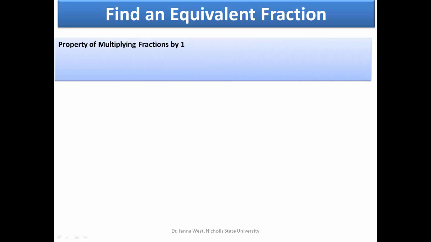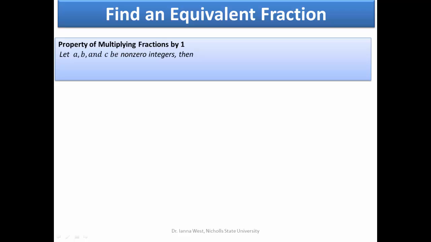We will now find an equivalent fraction given a fraction. We will begin with the property for multiplying fractions by 1 to find an equivalent fraction. In the property, we will let variables represent numbers.